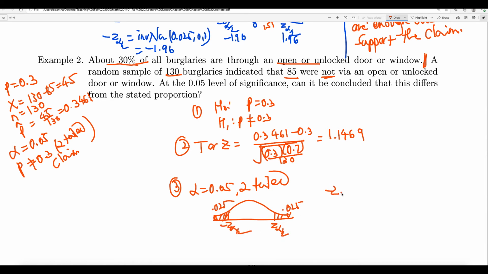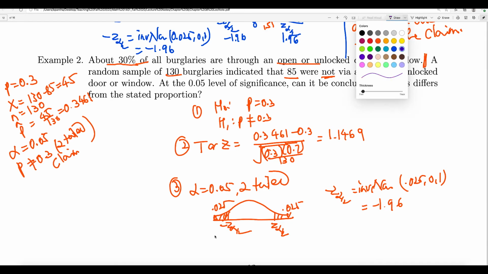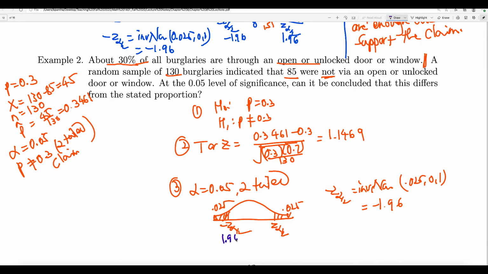How do you find negative z alpha over 2? Use inverse norm of 0.025, 0, 1. You will get negative 1.96. The other one will be positive 1.96.